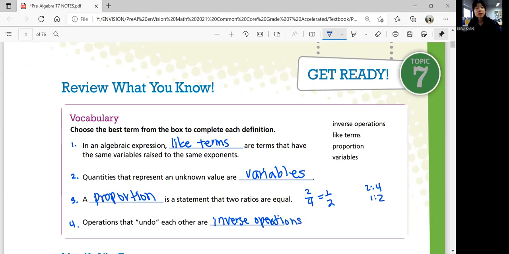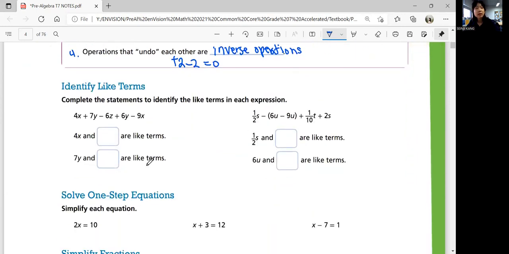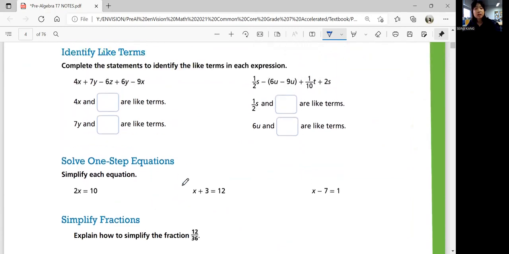So undo means if you have +2, if you subtract 2, you have 0, right? So they basically undo each other. Okay, see if you can solve these by yourselves and identify like terms, solve one-step equations, and simplify fractions, and come back when you're ready.